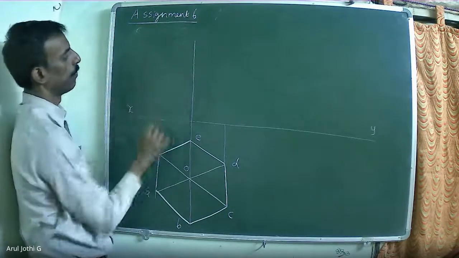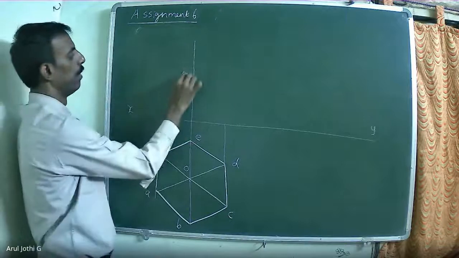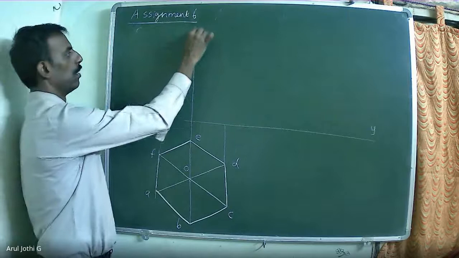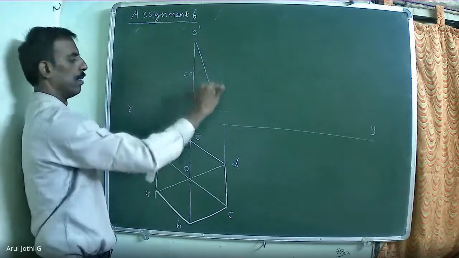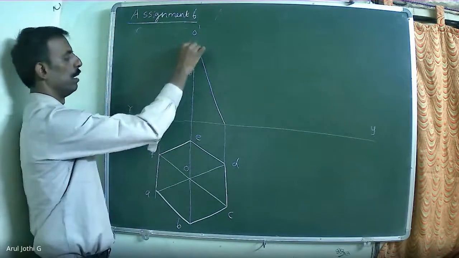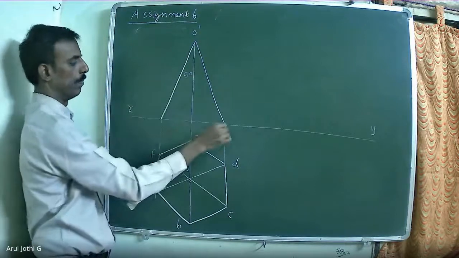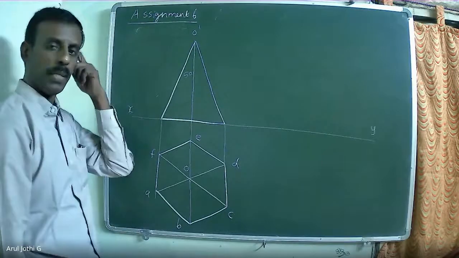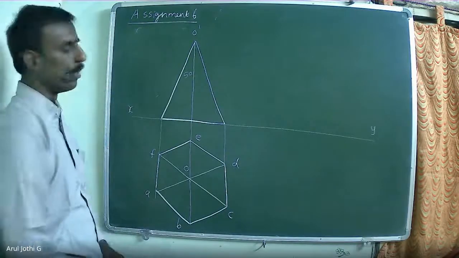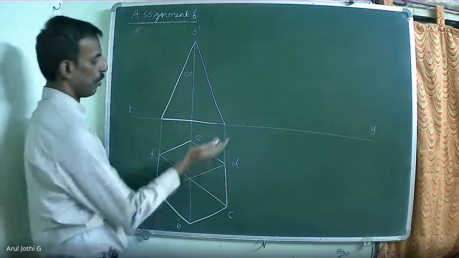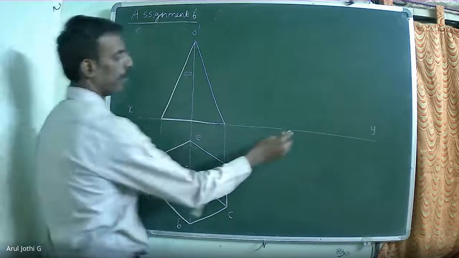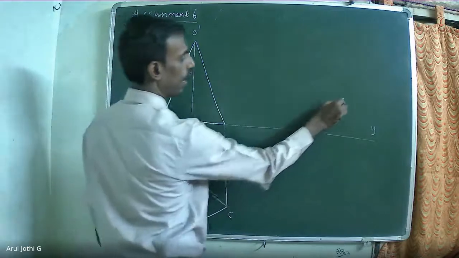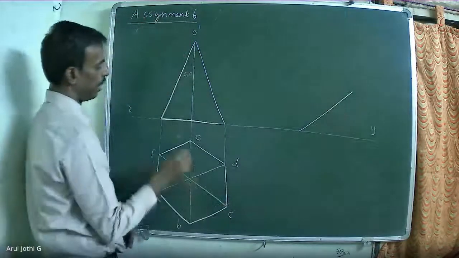The axis height is given as 50 mm. So draw a 50 mm vertical line. This will be O dash. Join the slant edges. Now in the second diagram, the base is inclined 45 degrees to the horizontal plane. So you can directly draw the 45 degrees till the base. To the 45 degree inclined line, draw the base line.